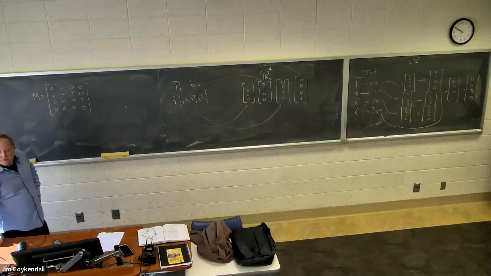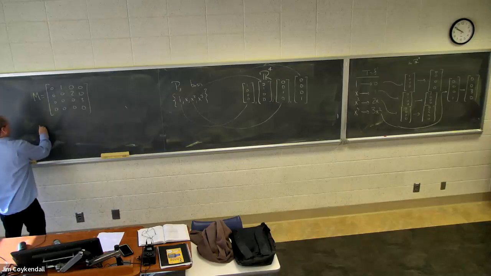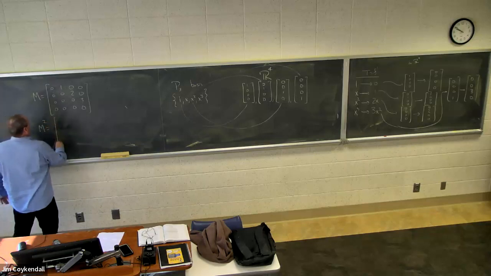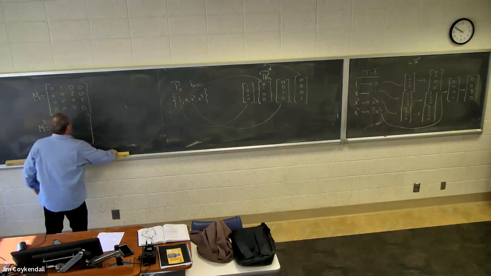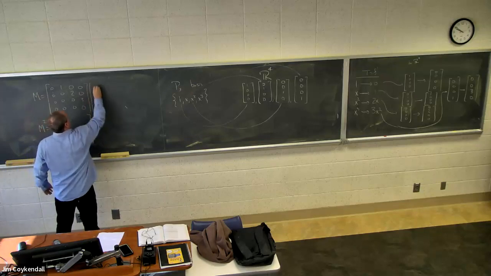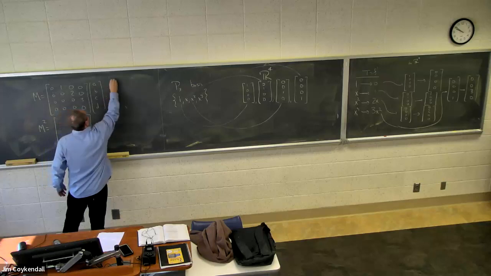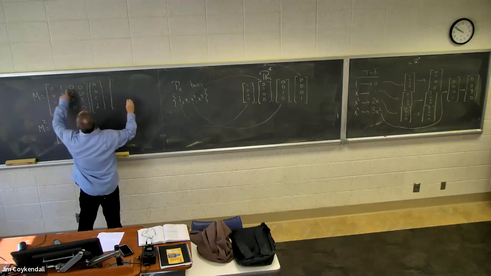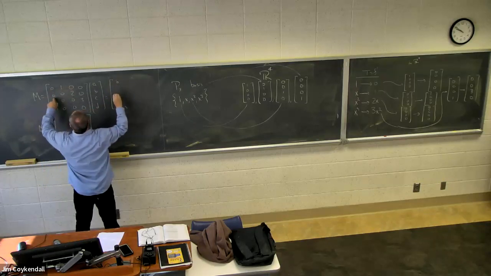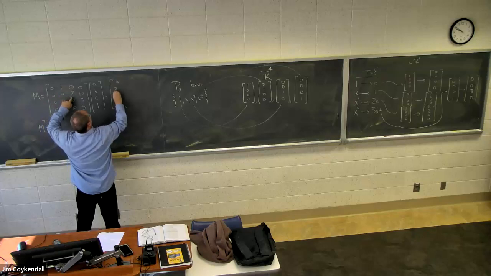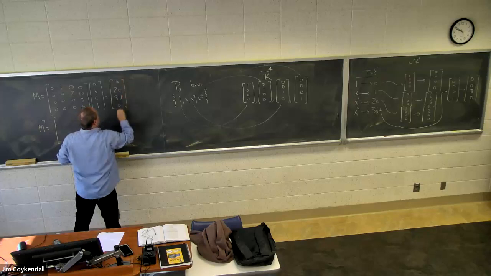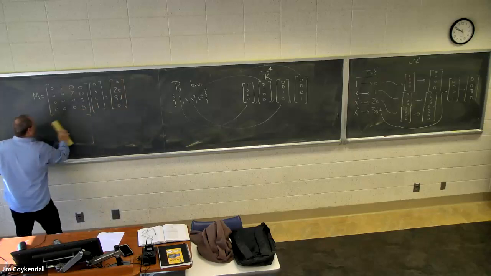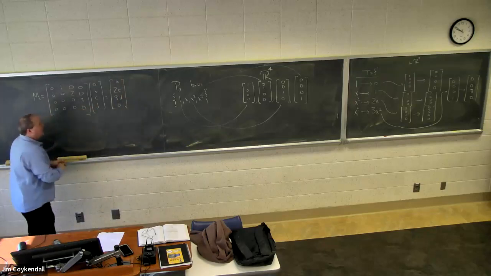What happens if I square this matrix? By the way, before I do that, you can actually test this, because if you have a, b, c, d, this goes to b, 2c, 3d, 0. Agreed?